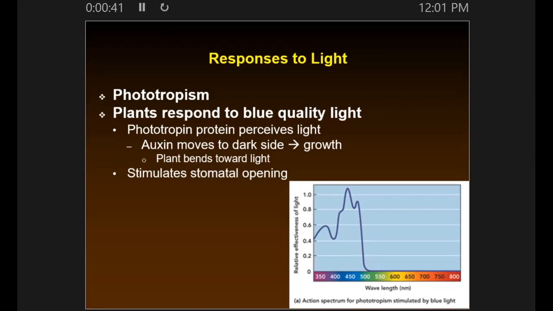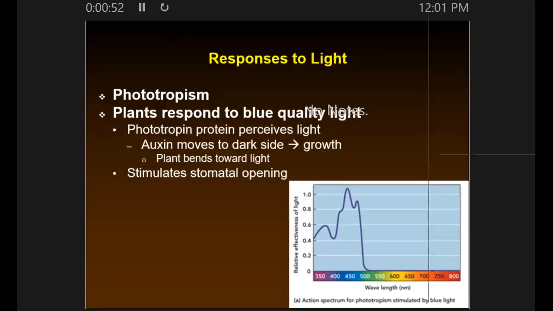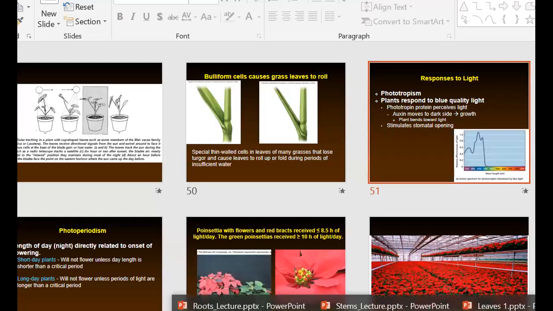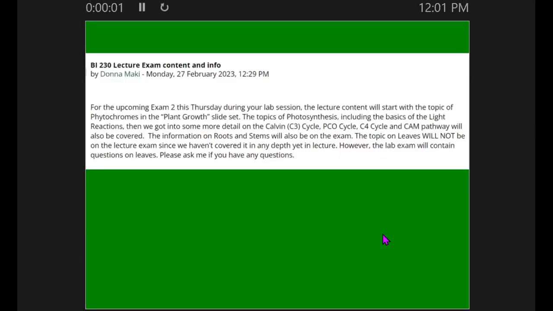We will not cover leaves in lecture. But you did have a chance to do that a little bit in lab, so there'll be a couple questions in lab on leaves. Any questions on the exam content?